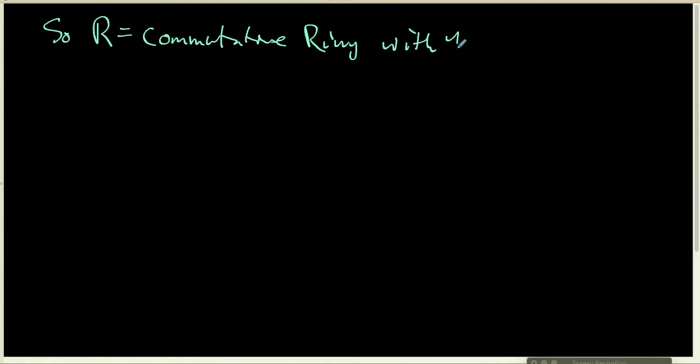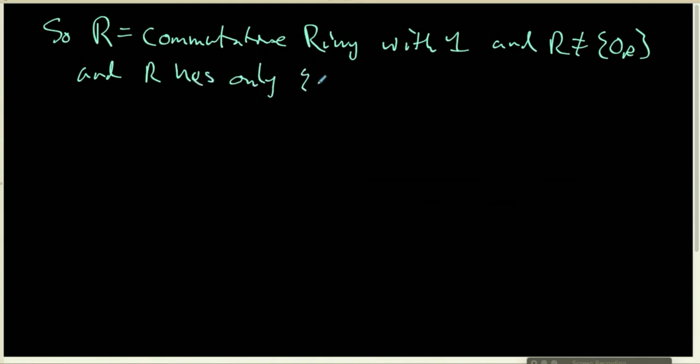And so we have the situation where R is a commutative ring with a multiplicative identity element, and we know that R is not the zero ring, and of course R has only the trivial ideals, so the zero ideal and R as ideals.